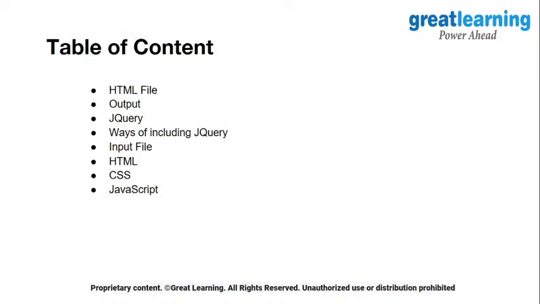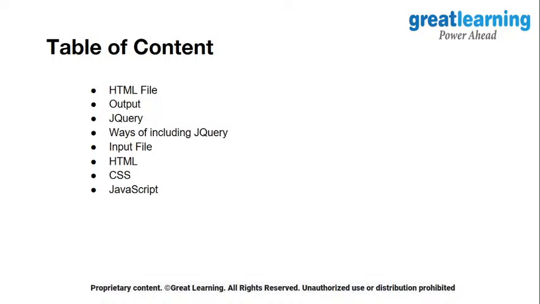So let's see the table of content of today's session. First we are going to build our HTML file. We need to have HTML, CSS and some JavaScript. JavaScript will be jQuery. So first we are going to build an HTML file, then we are going to see the output of the HTML file. Then what is jQuery, ways of including jQuery, then input file.